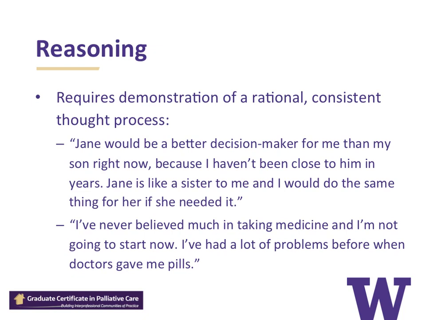Jane is like a sister to me, and I would do the same thing for her if she needed it." A patient refusing medication might illustrate their reasoning by saying something like, "I've never believed much in taking medicine, and I'm not going to start now. I've had a lot of problems before when doctors gave me pills."